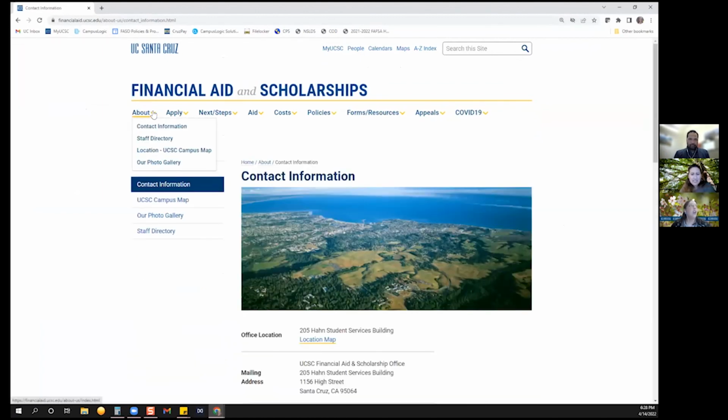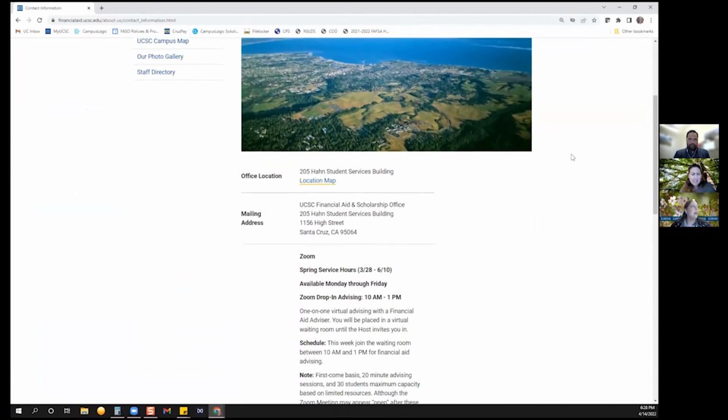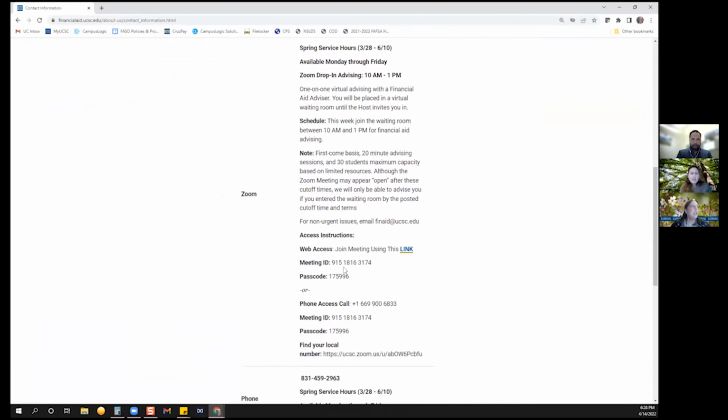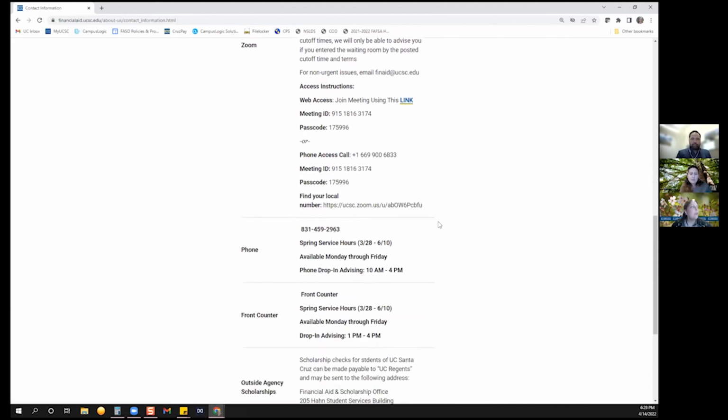Yes. If you go to About Us and contact information, right away you'll see our Zoom service hours for the week, and then the meeting ID and the passcode. This does vary from week to week for security purposes, so the passcode from last week does not work this week. You can even just click on the link, which makes things super easy.